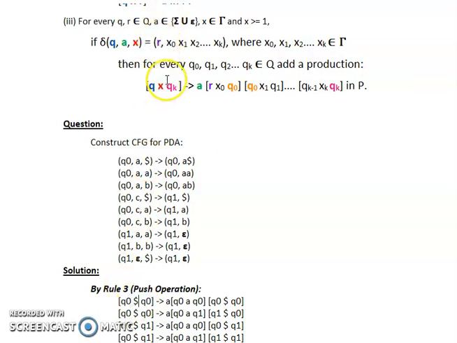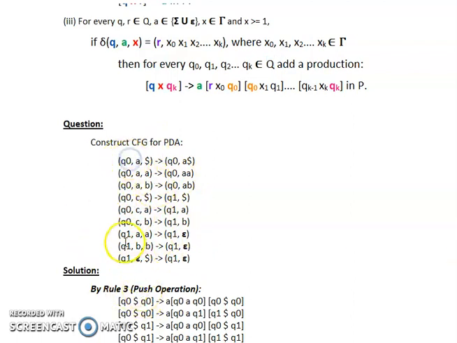Then the next state Qk. Now, what is this Qk? You need to keep it in mind. Qk is nothing else but each and every state in our set of states. If we check the transitions of our pushdown automata, we find that in these transitions there are two states.